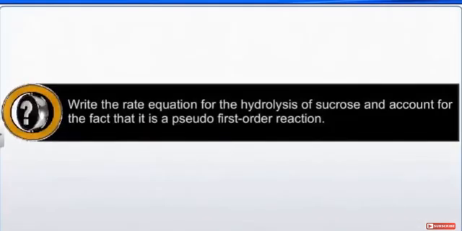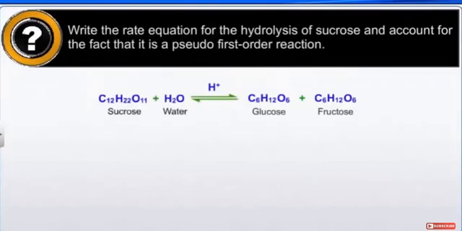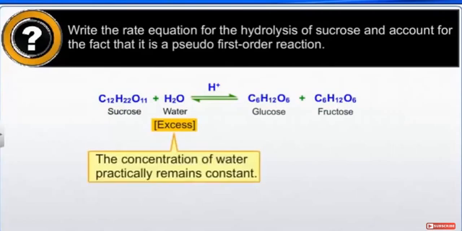Now, try to write the rate equation for the hydrolysis of sucrose and account for the fact that it is a pseudo-first-order reaction. You know that sucrose, on hydrolysis in the presence of a dilute mineral acid, gives glucose and fructose. Excessive water is used for the reaction, and hence, the concentration of water practically remains constant.